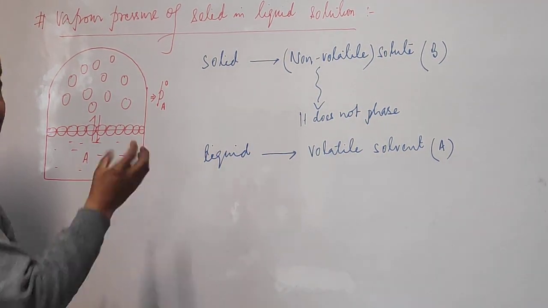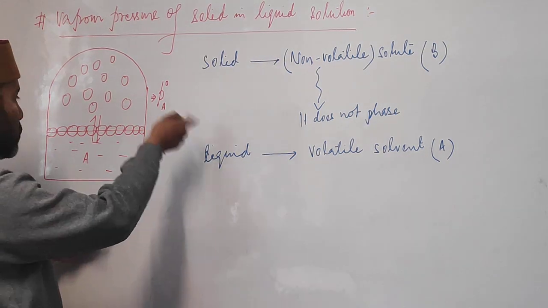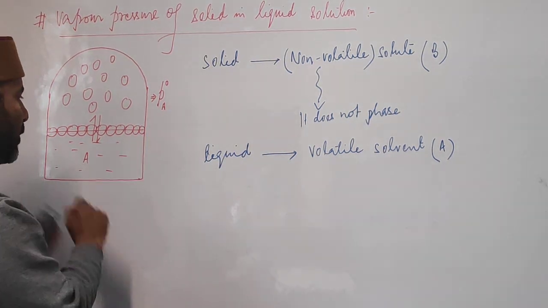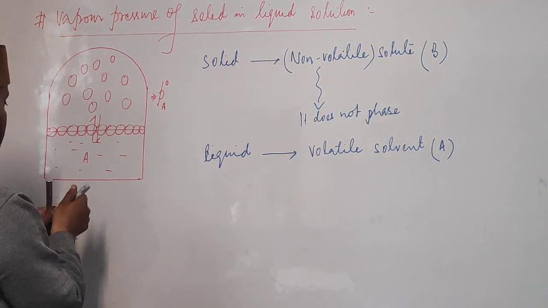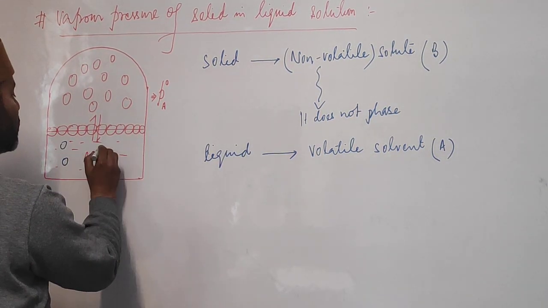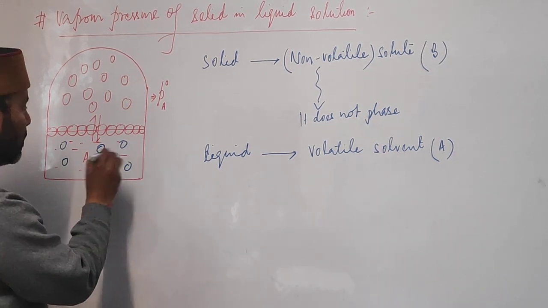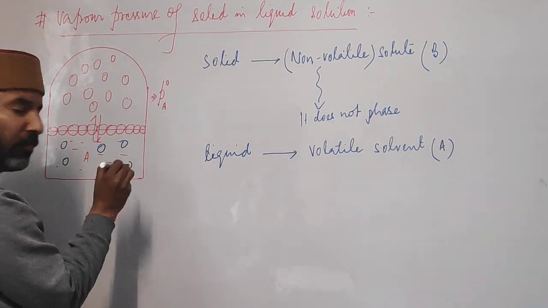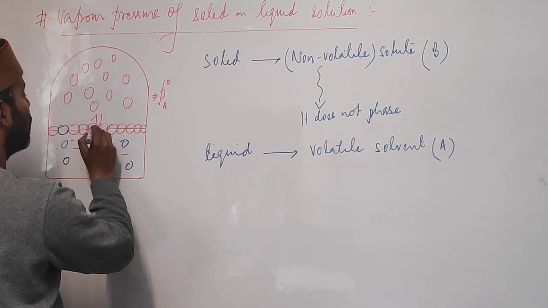Now students, when we add a non-volatile solid to this solvent, what happens, students? Now we will have some molecules of B also in the solution, but they will be present not in the bulk, but they will be at the surface also. So यहाँ पर भी कुछ जगह अब कौन लेगा?